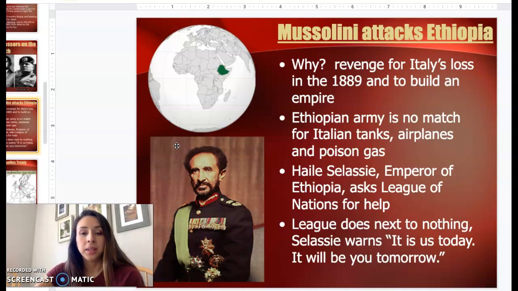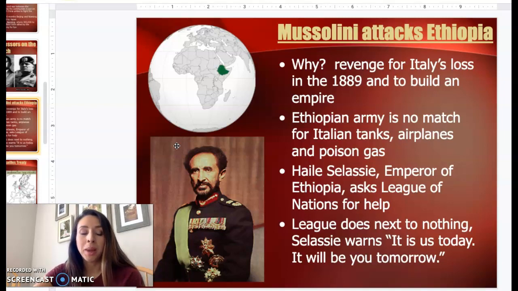And this was kind of an embarrassing defeat for Italy. So when they come this time around, they're really seeking revenge for their earlier losses. They want to build an empire. They want to reclaim their status in the world. And that's really what's behind Italy's attack on Ethiopia.